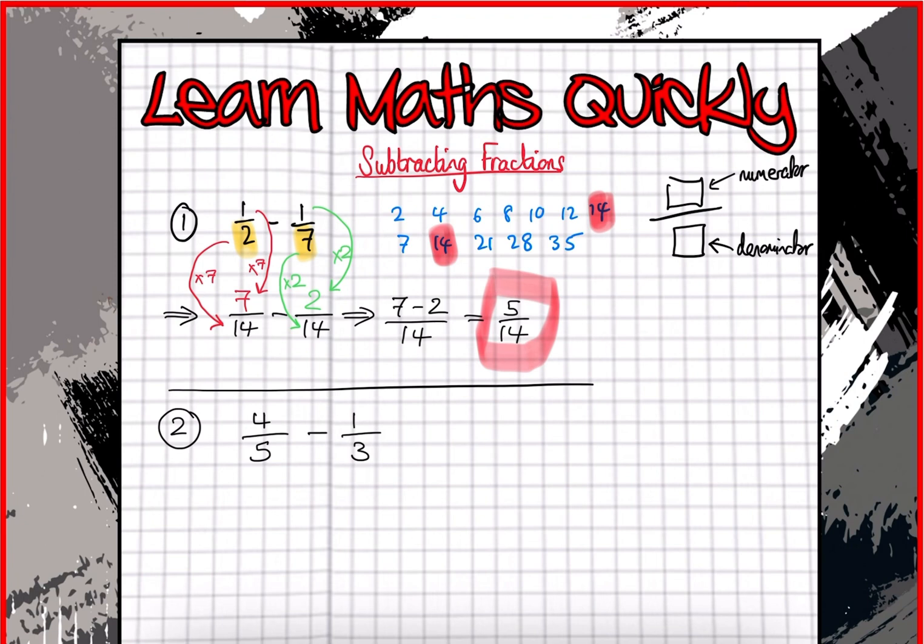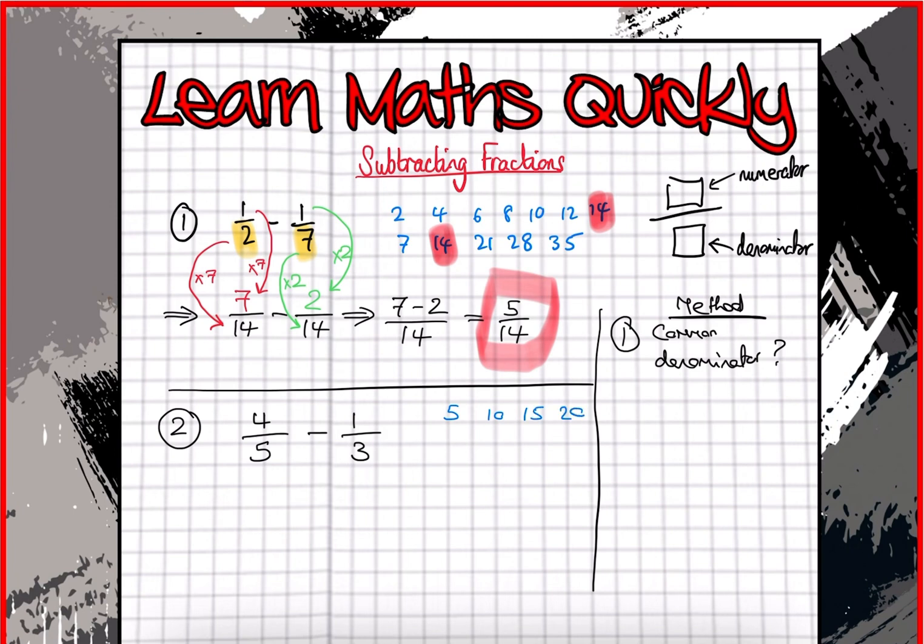Okay, so let's begin. Step 1 is we have to think, what is our common denominator? So I'm going to write a little method on the right hand side here. So step 1, what's our common denominator? Well, how do we do that? Let's try writing out our 5 times tables and our 3 times tables. So 5, 10, 15, 20.